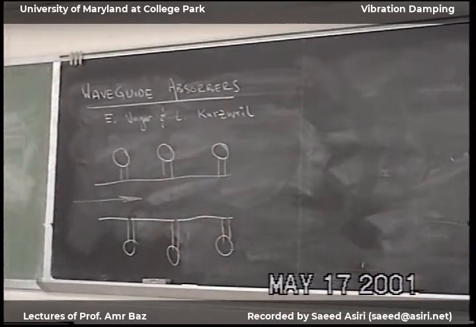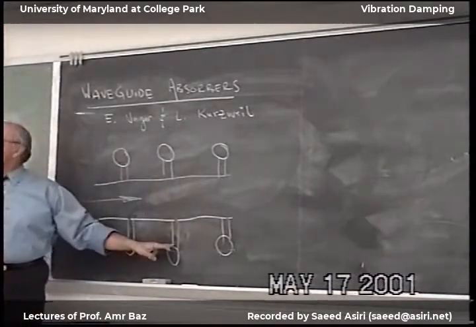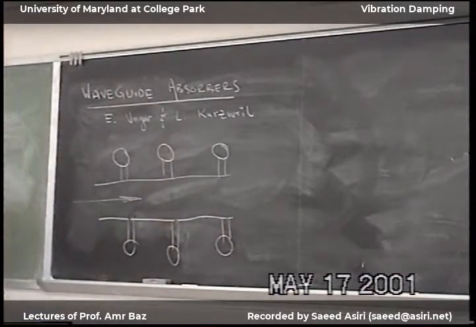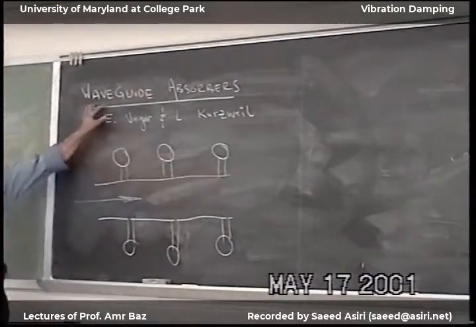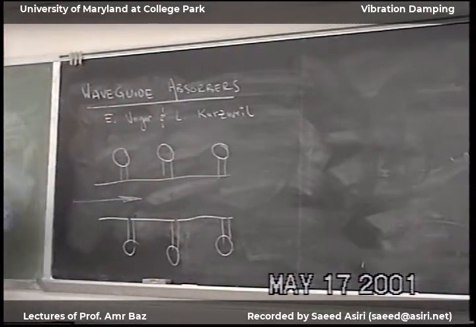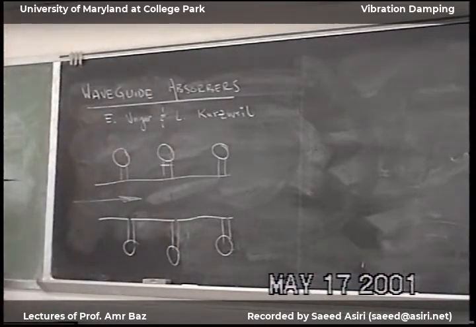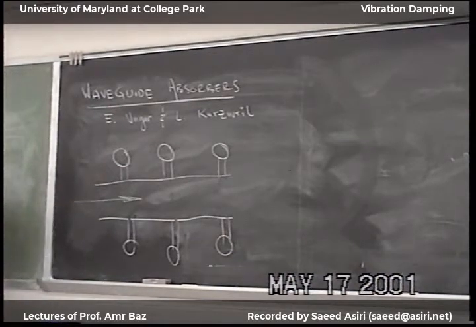The whole idea is to make these channels that can take the energy from the main structure and channel it to drainage ports. Any one of these, they call it a waveguide. So I guide the waves from the main stream to another channel. I can make this take the flow out, or I can make it like a valve.